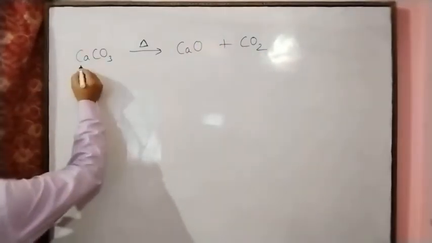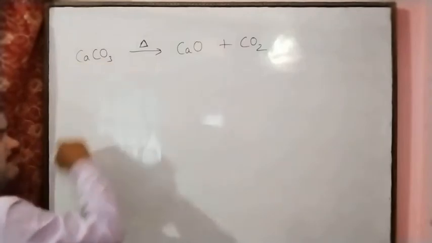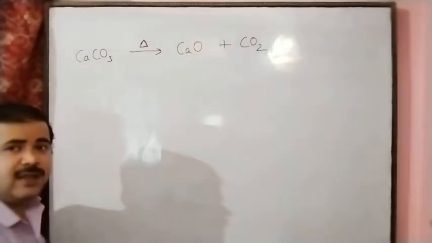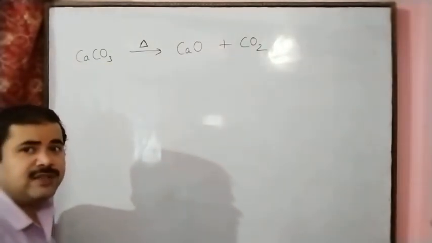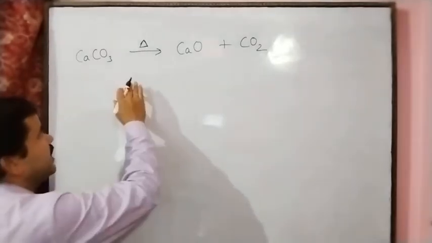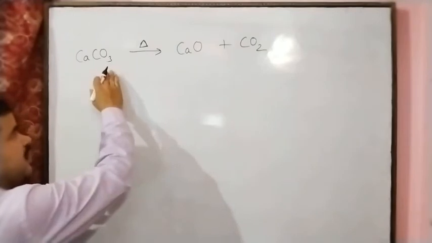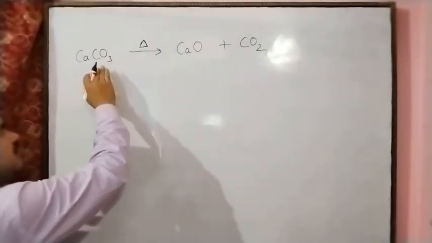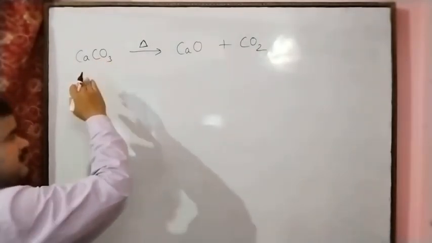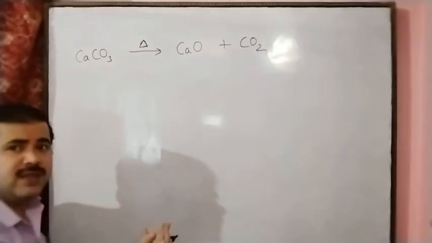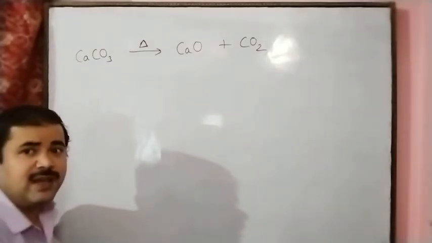This type of chemical reaction is called a thermal decomposition reaction. If heat energy is required for the decomposition of a substance, we say it is a thermal decomposition reaction. Thermal means heat energy.